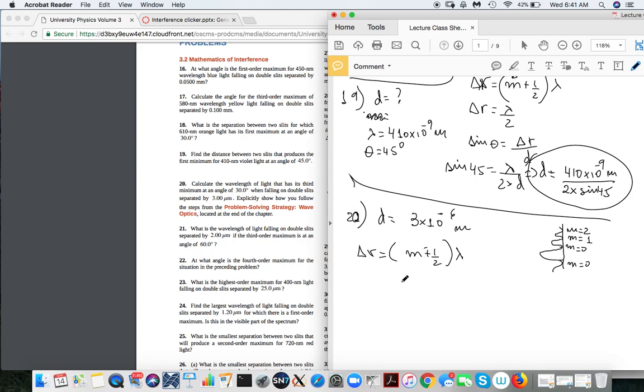Then, since we want the third minimum, m equals 2, delta R is equal to 5/2 of lambda, on the d. And the angle is 30 degrees, so sine of 30 is equal to 5/2 of lambda divided by d.